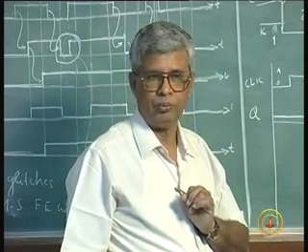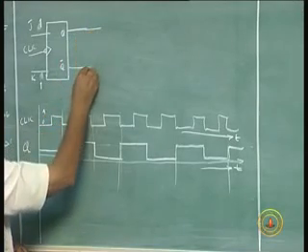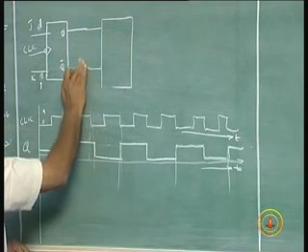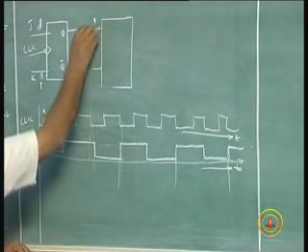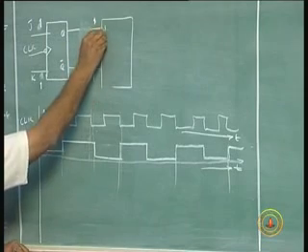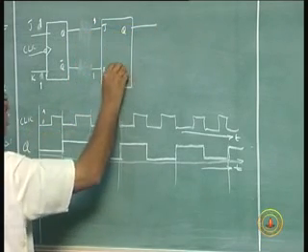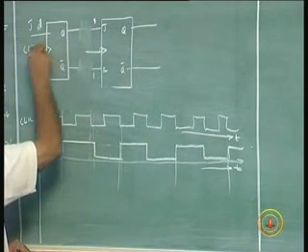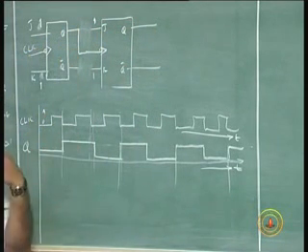Divide by 2. Now if I take another flip-flop, whose J is 1, K is 1, and for this clock, I am not going to give the original clock, I am going to give a divide by 2 clock.